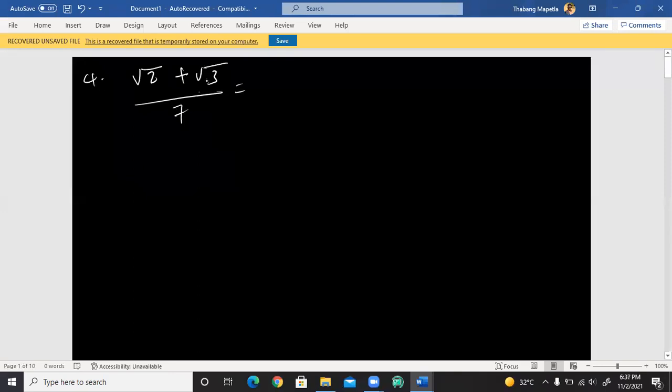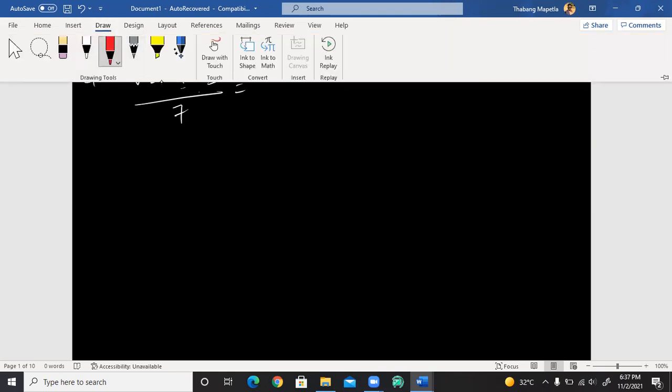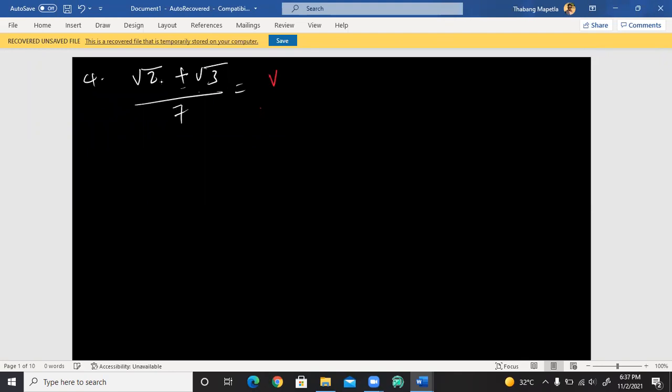And then here, the conjugate of the above: same, change the sign of this one. So then you're going to have root 2 plus root 3, everything times root 2 minus root 3.